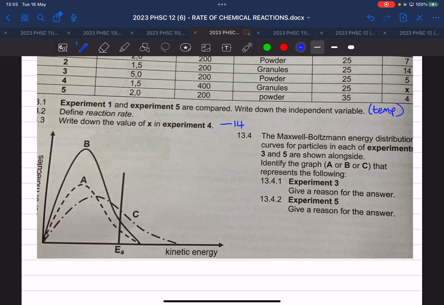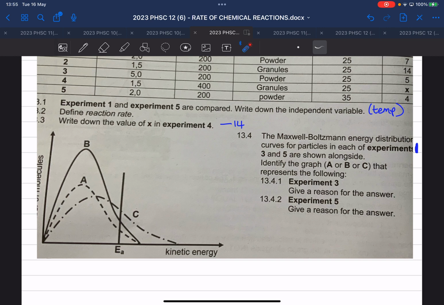Then they say there are Maxwell-Boltzmann energy distribution curves for particles in each of the experiments 1, 3, and 5. That one is cut off. 1, 3, and 5 are shown alongside. Identify the graph A, B, or C that represents the following. They are basically saying you're comparing 1 with 3 and 1 with 5.